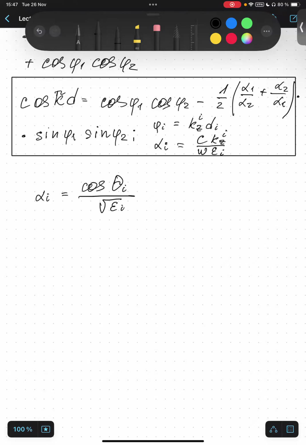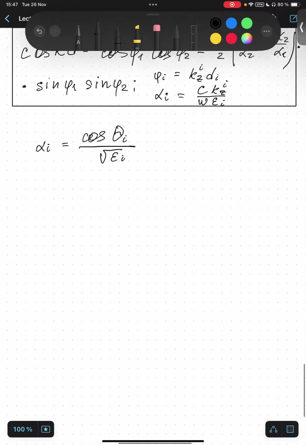As you remember, we did it with Fresnel coefficients and waveguides. So basically, this expression leads to the fact that we have some dependence on angle of incidence. So actually, our system works like a uniaxial crystal.